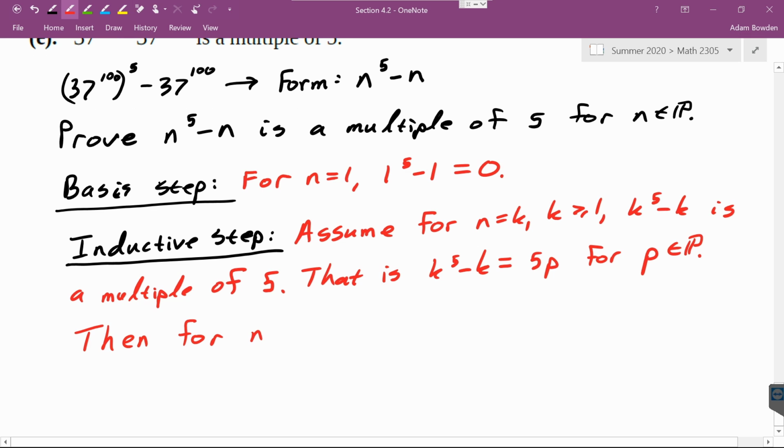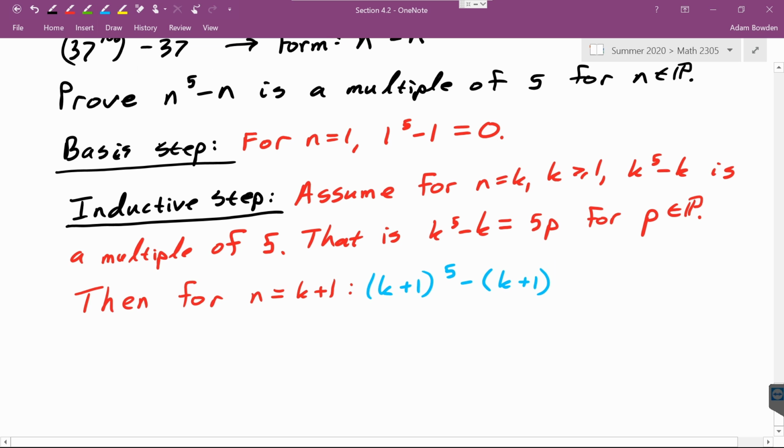Then for n equals k plus 1, k plus 1 raised to the fifth minus k plus 1. Well, we'll have to expand the binomial out here. If I expand k plus 1 to the fifth, I get k to the fifth plus 5k to the fourth plus 10k to the third plus 10k squared plus 5k plus 1.